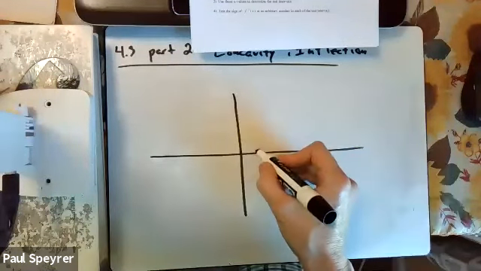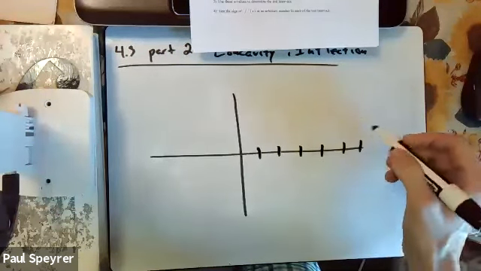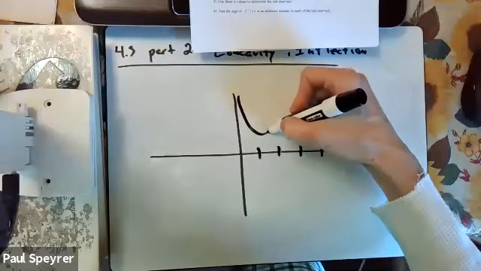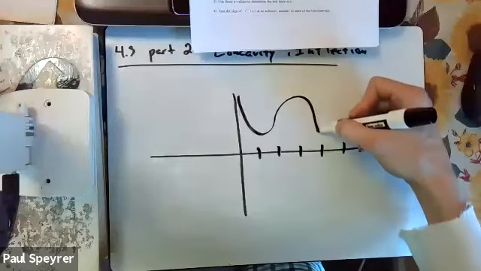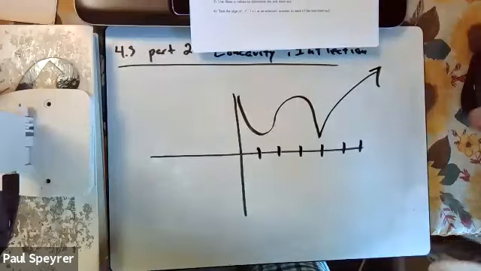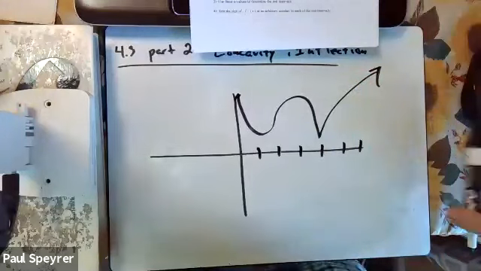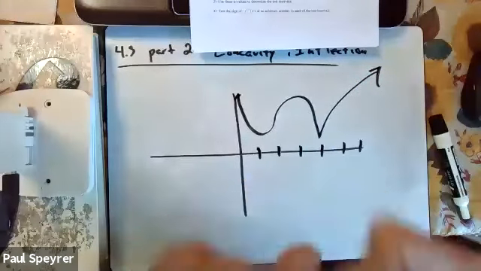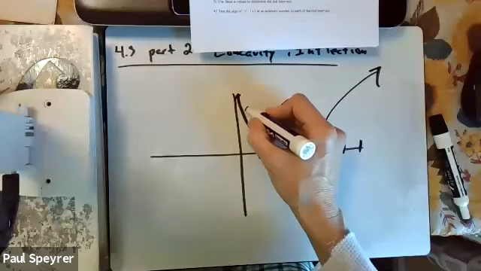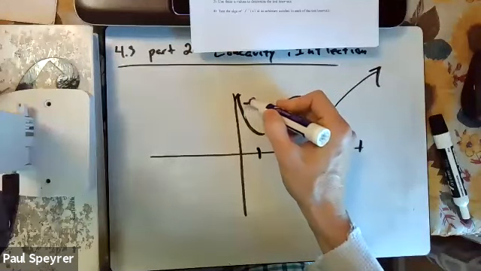Just a random curve, okay? Like say we have something like this. Just making up something like that. Now, of course, from 4.3 part 1, where we're talking about where a graph is increasing and decreasing, we know that we are decreasing along right here, right?